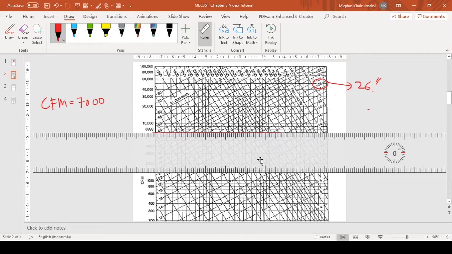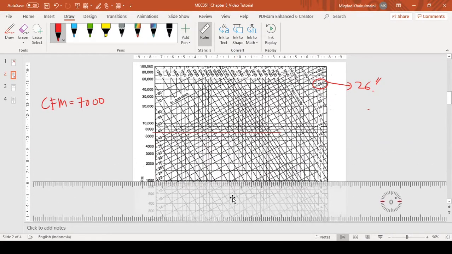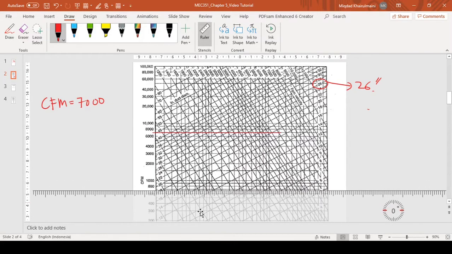For the diameter, we either can use the top right corner here, or we can also use the bottom left corner here. Here we also have 26, so 26 inches can also refer here. Which one is closest?